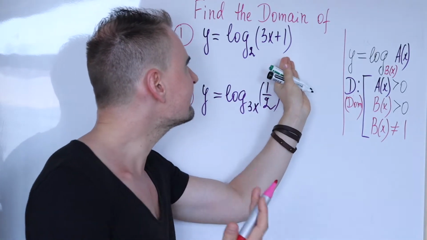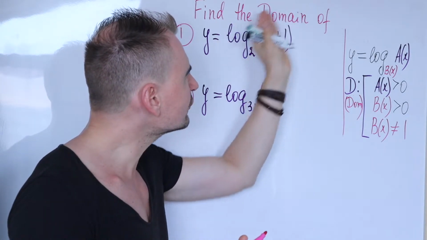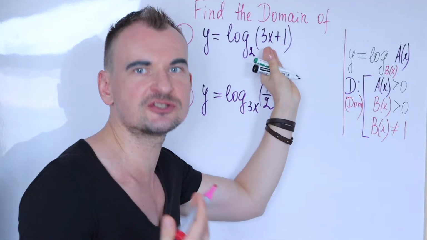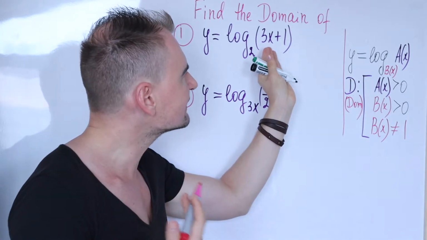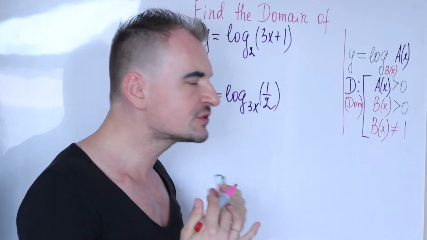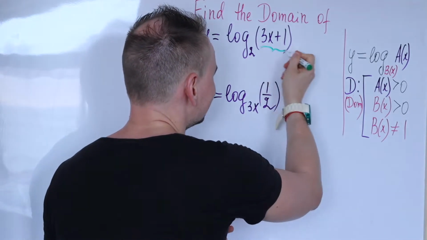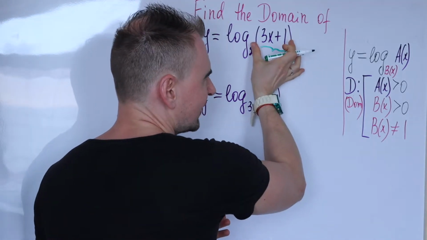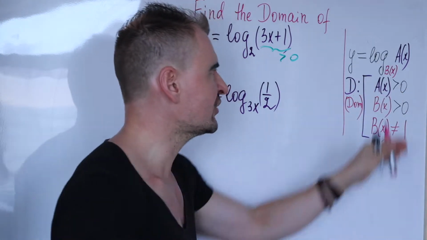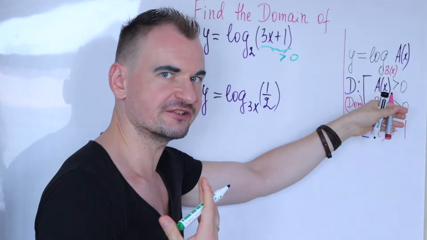Suppose you are given the first one. Since the argument of your function is an expression in terms of x, namely 3x plus 1, all you do is take this argument and set it greater than 0. Your argument has to be greater than 0, it has to be positive.